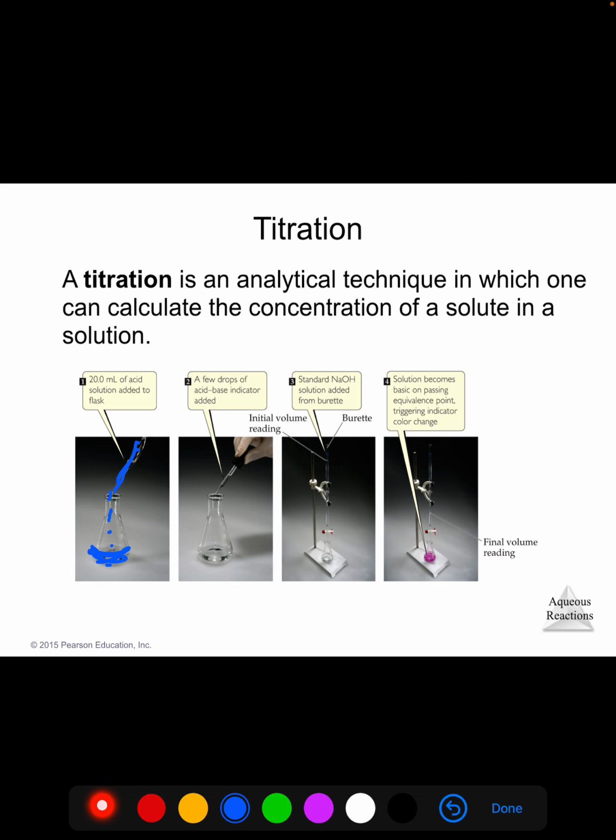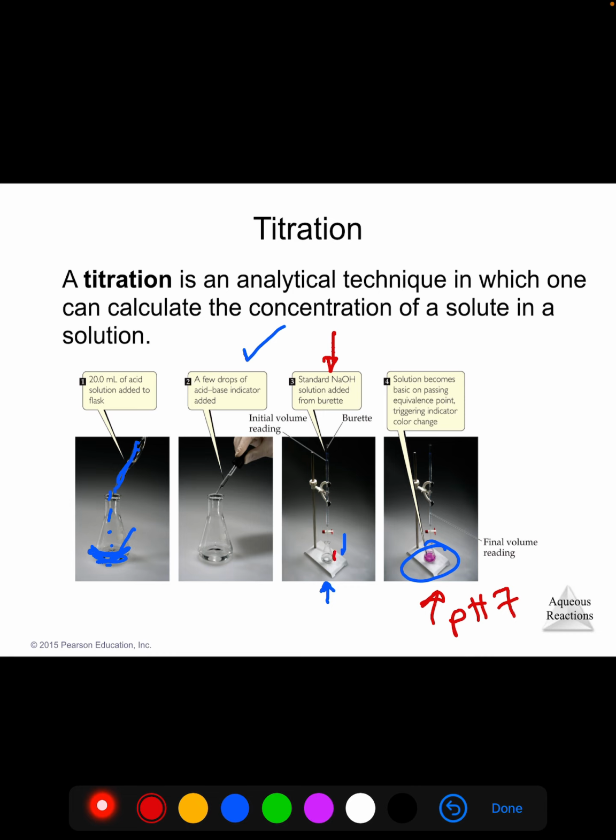For example, in an acid neutralization reaction, you start with an acid, fruit juice, Coca-Cola, any of those, and you have an indicator that tells you when you reach neutrality. In this case it's phenolphthalein, something that goes from colorless to pink at pH 7.